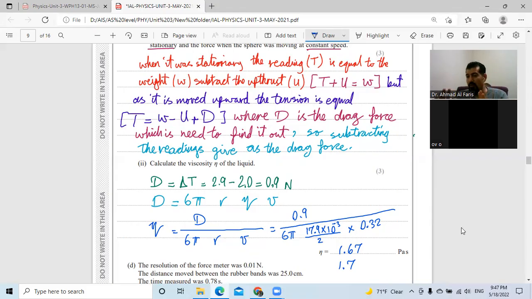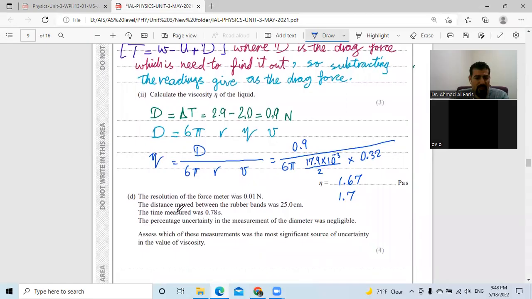But when there is no motion, there is no drag. The motion causes the drag. So whenever there is no motion, there is no resistive force. The drag is the resistive force of the motion. The fluid or the water or the air acts in the opposite direction on the object as it moves, the opposite direction of its motion.